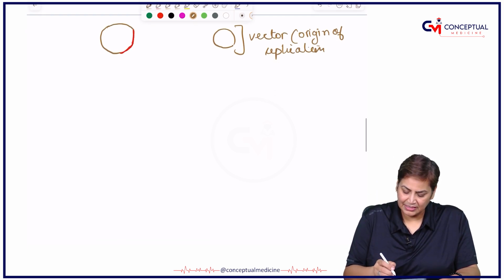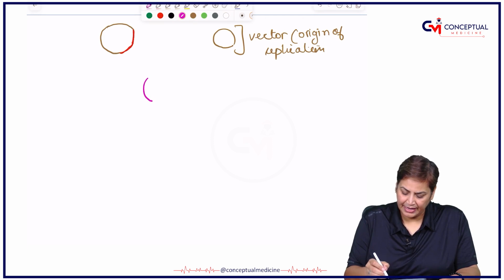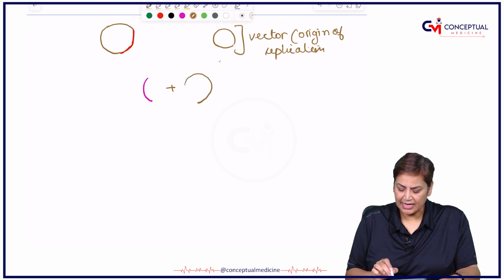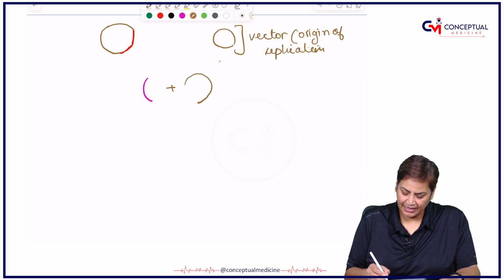So what happens is this particular sequence is cut and it combines with the vector, which is also cut like this. So this has to fit here, and we get this type of product. So what is this?